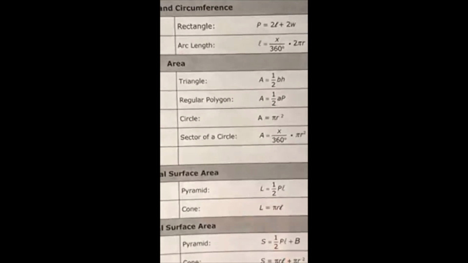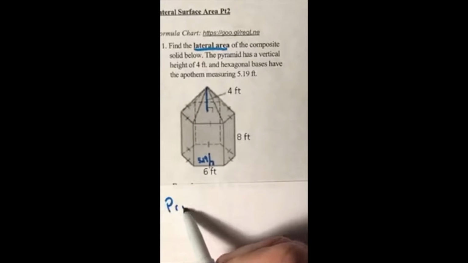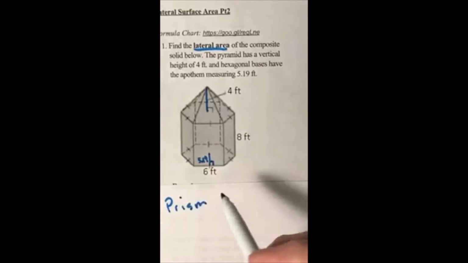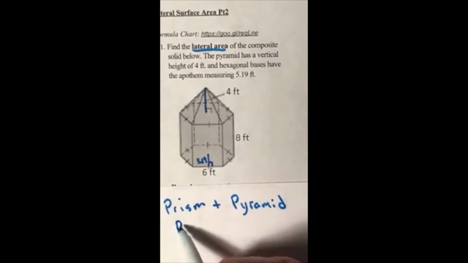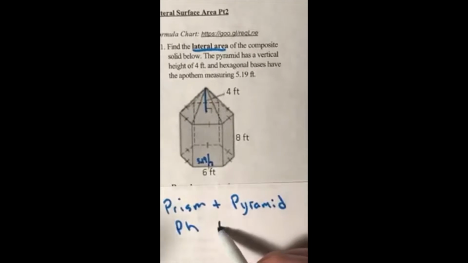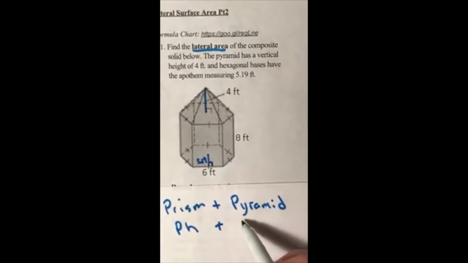Write both of those down. So prism plus pyramid. The prism is perimeter times height, and the pyramid is 1/2 times perimeter times slant height.